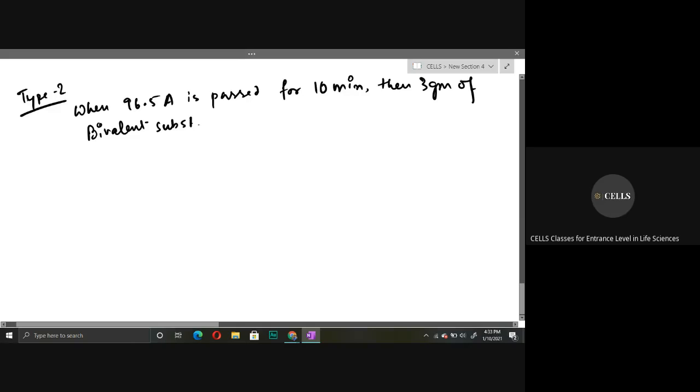Bivalent substance means valence equals 2. Find the atomic weight of the substance.